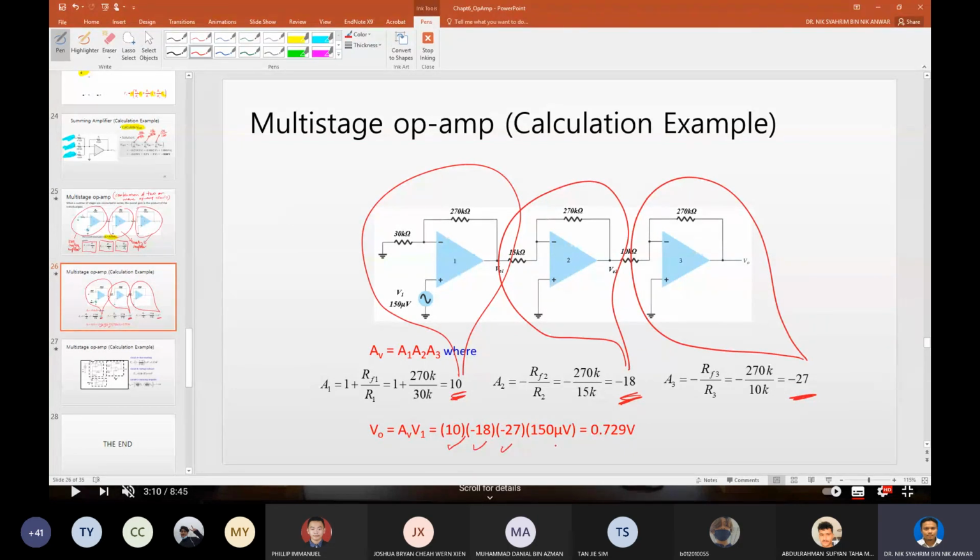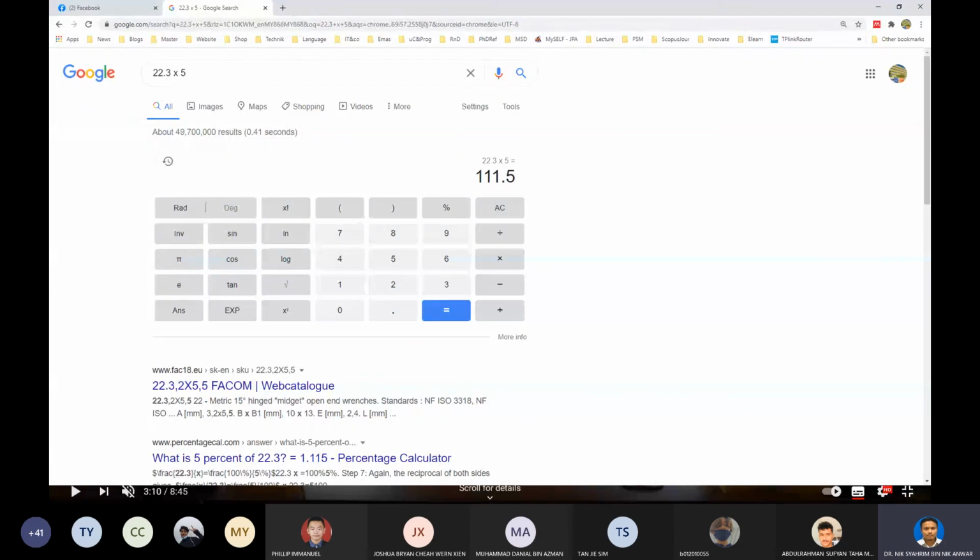This is already the input. Yeah, the input is 150 microvolt. So at the end, you will end up with a non-inverting amplifier, because you have a negative multiply negative, it will give you positive back.